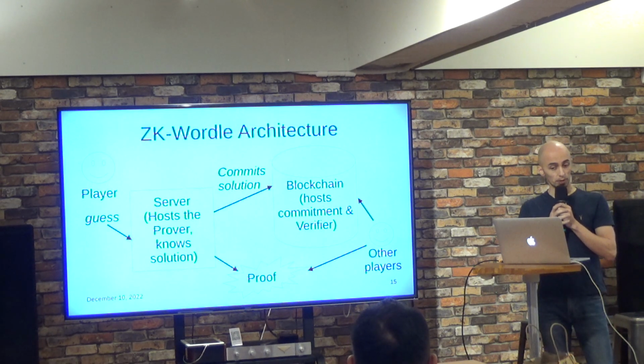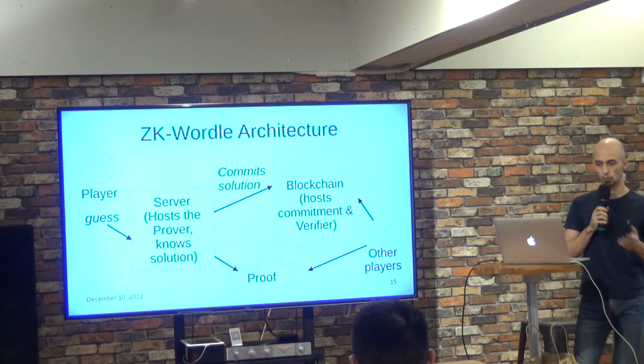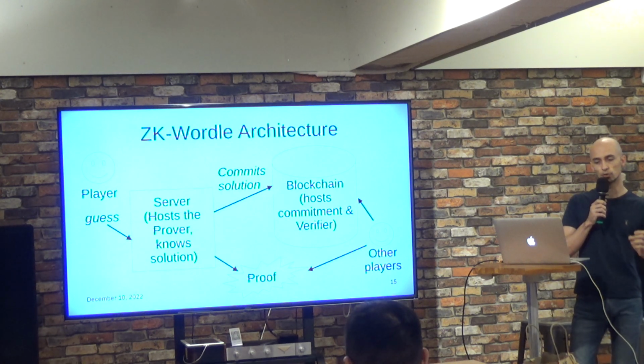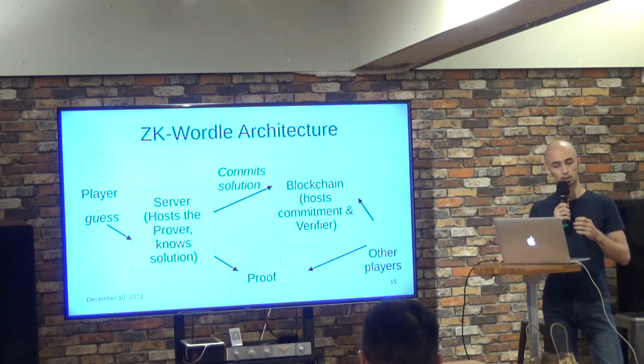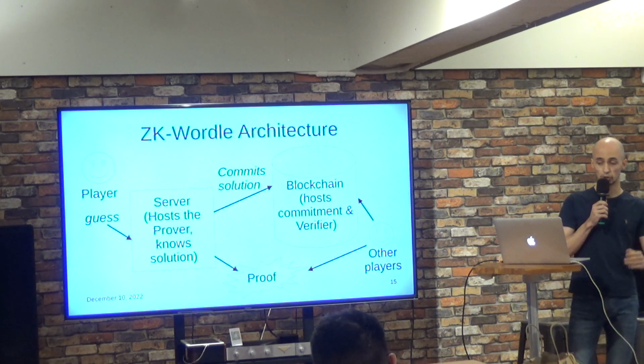So, with all that said, if we take a look at a potential resulting architecture for our app, we would probably run that independent prover inside some kind of backend server. So that server will host the prover. Also, it will pick the solution of the puzzle for each day, commit that solution using a hashing commitment scheme, and put it on chain.